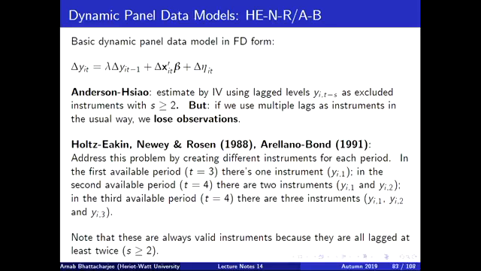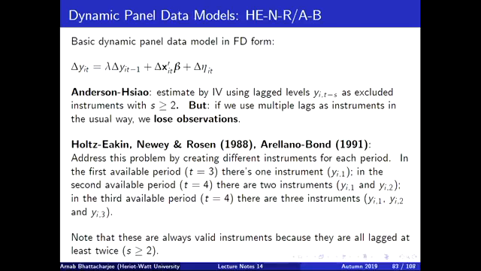So what do they do? They address this problem by creating different sets of instruments for each period. So think of the following. You are writing down your model for different periods with different instrument sets, depending on what instruments are available. For T equal to 3, you have only 1 instrument available. For T equal to 4, you have 2 available. For T equal to 5, you have 3 available. That's not a problem, right?